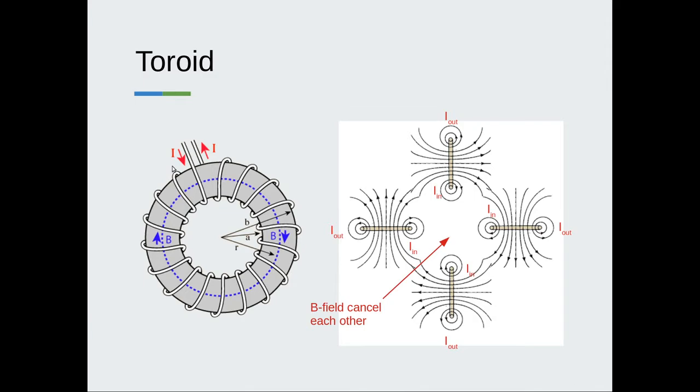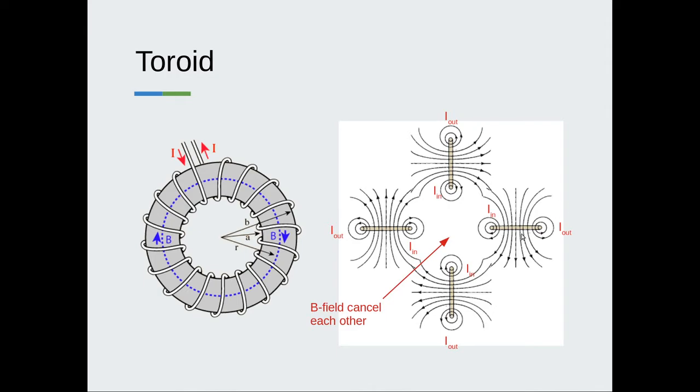Let's start from this one. Okay, so all the current here inside is flowing into the paper, and all the current here is flowing out of the paper. And we just focus on the current here and here. You can use the right-hand rule, and you can look at the direction of your magnetic field microscopically.